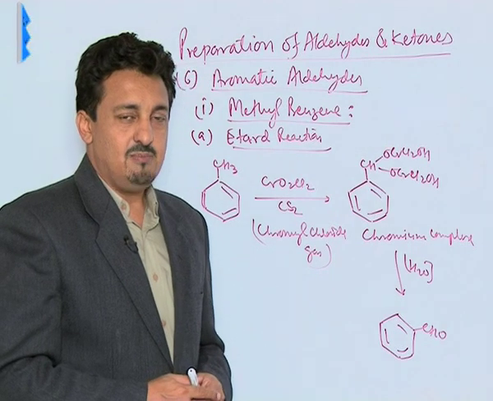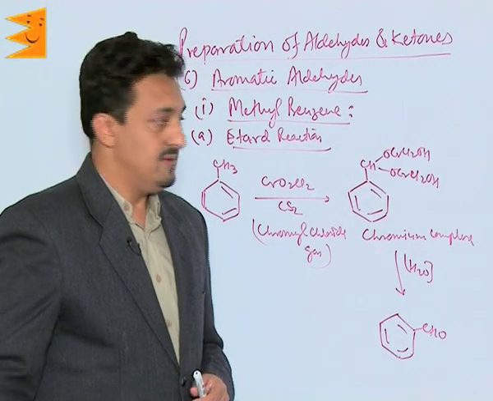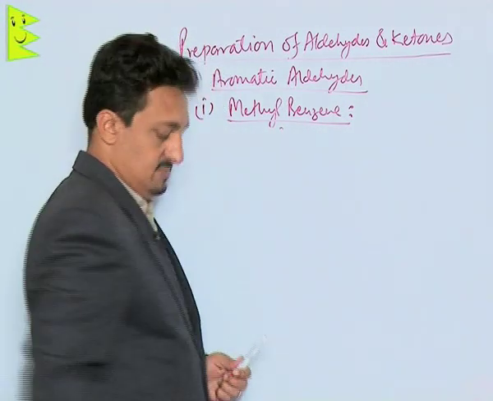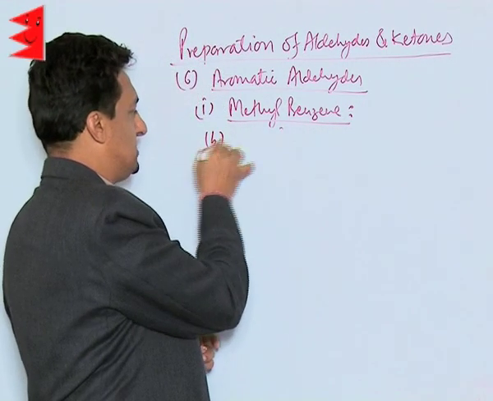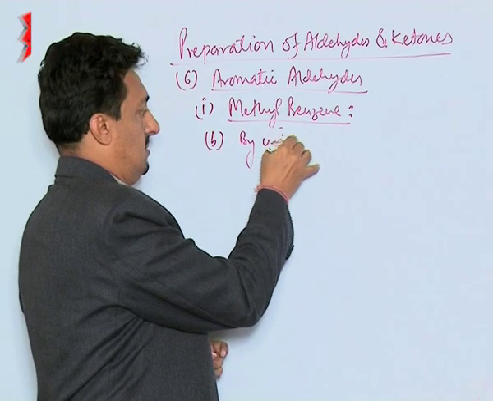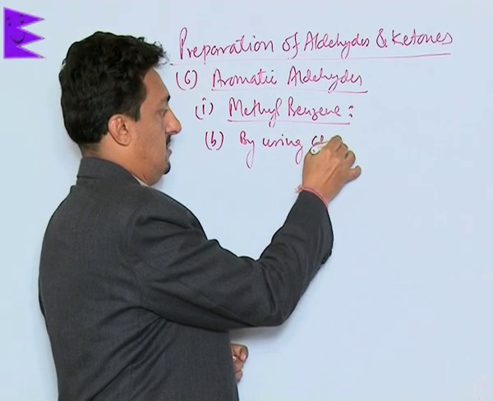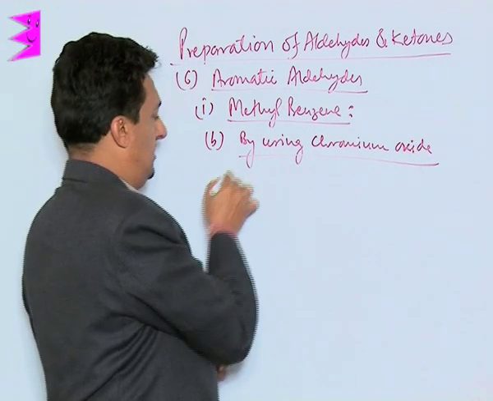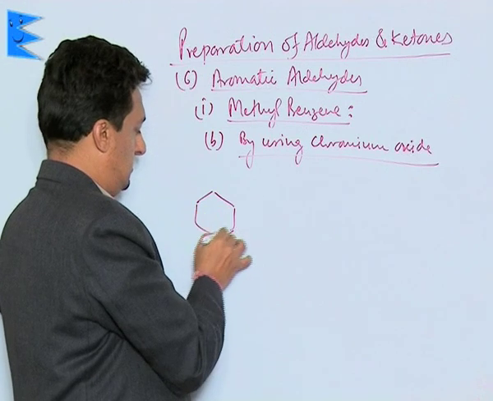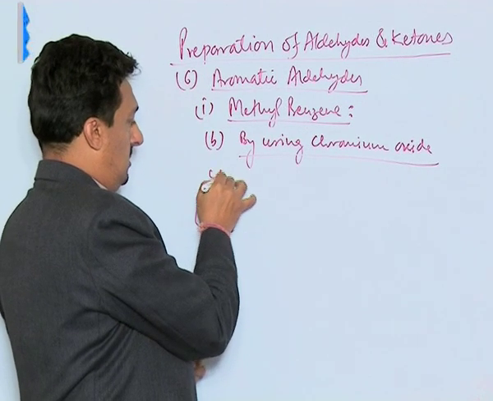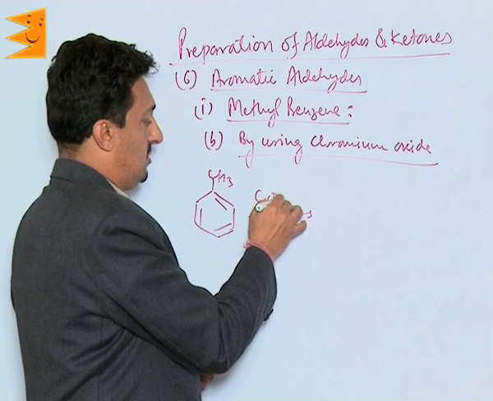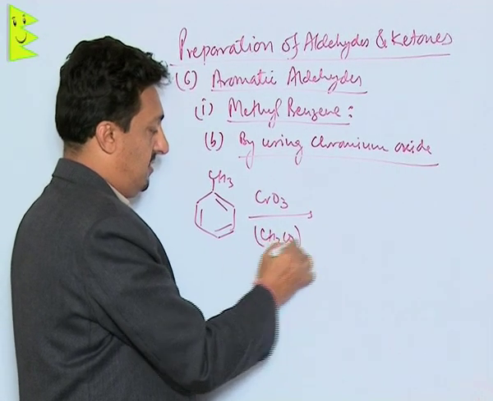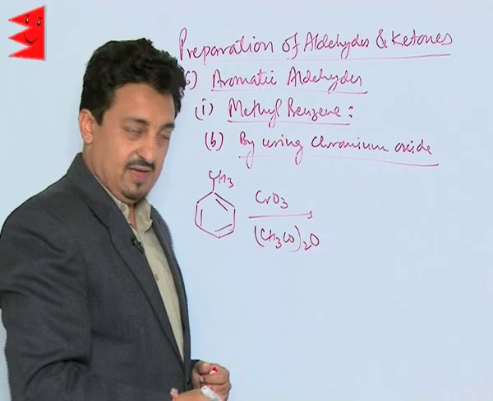The second method is by using chromium oxide. In this, toluene is reacted with chromic oxide or chromic anhydride in the presence of acetic anhydride.